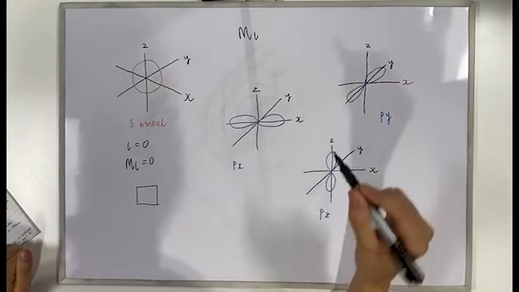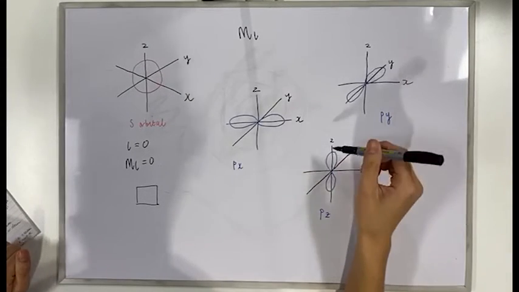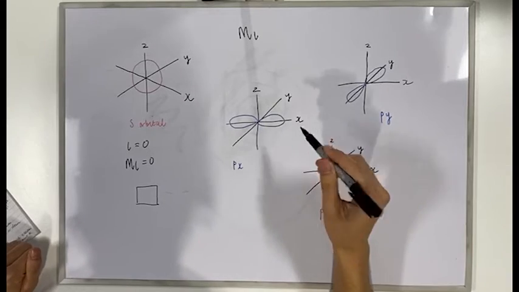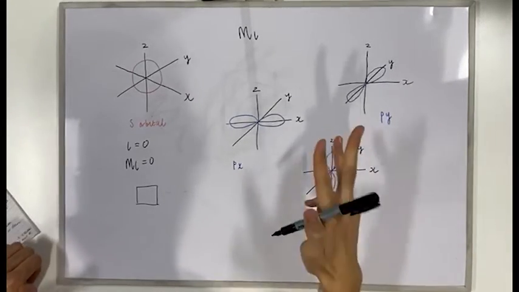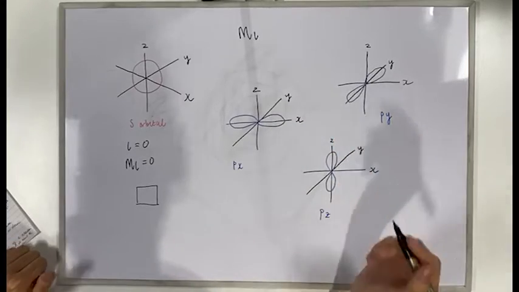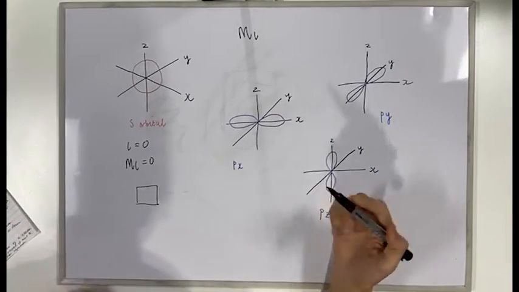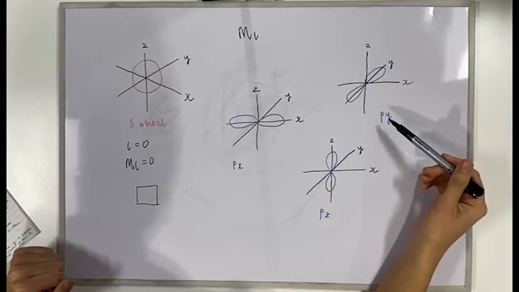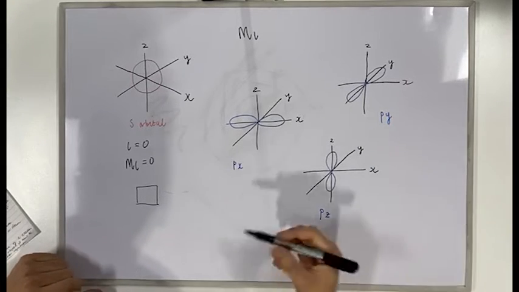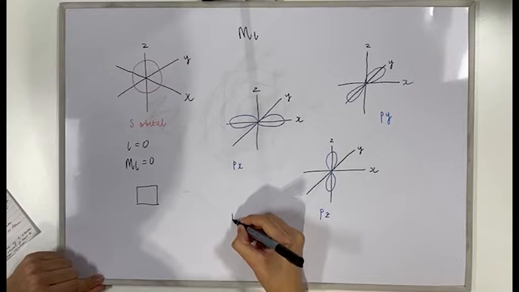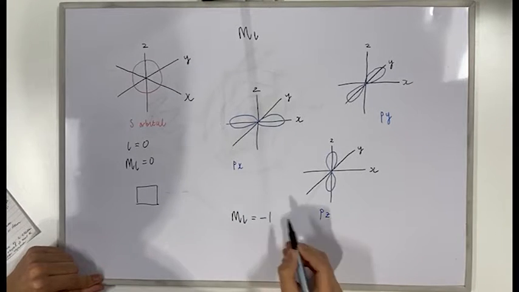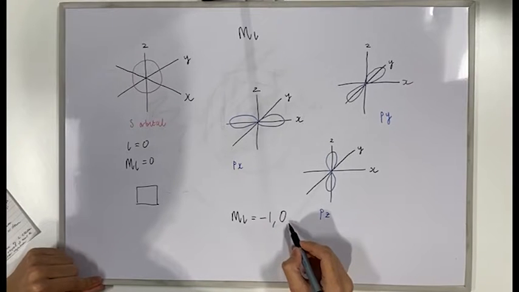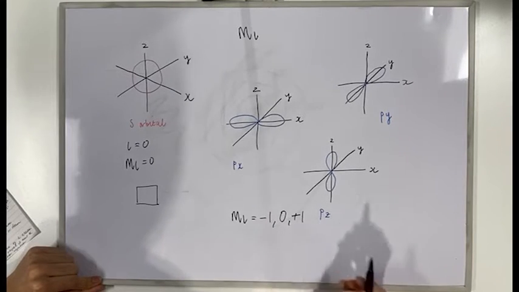So with the p orbitals, which is L equals 1, there is a possibility of 3 magnetic quantum numbers. So there is a choice of px and py and pz orbitals. But with ML, it is equivalent to either -1, 0, or +1.